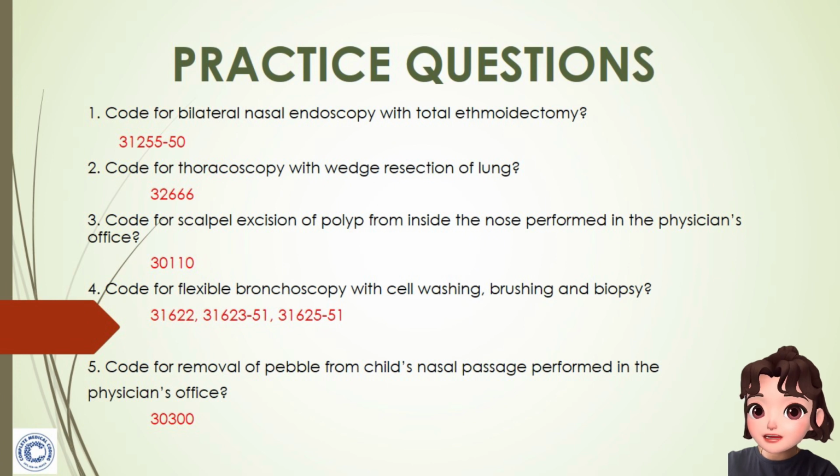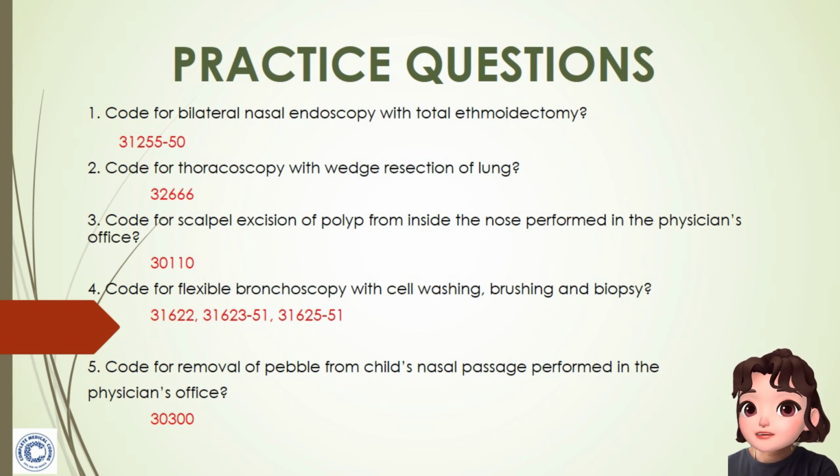Now 31625 with the bronchial or endobronchial biopsy, single or multiple area. Biopsy is also written, so we need to code for biopsy. And since this is a multiple procedure, we will use the modifier 51 along with the two add-on codes, 31623 and 31625.